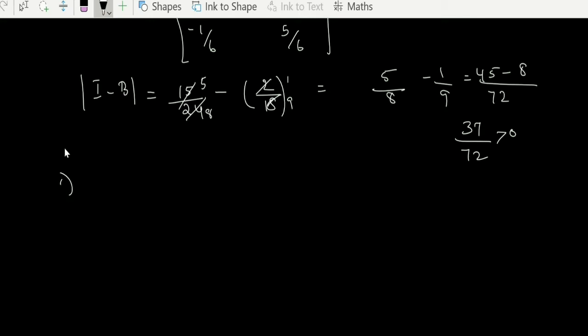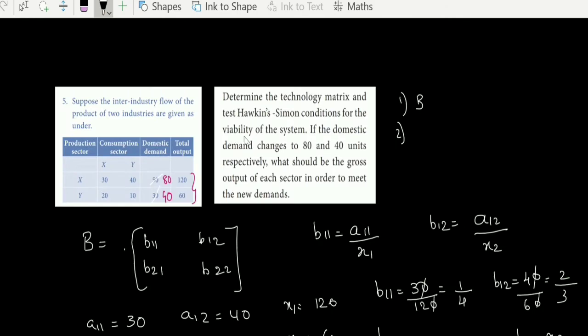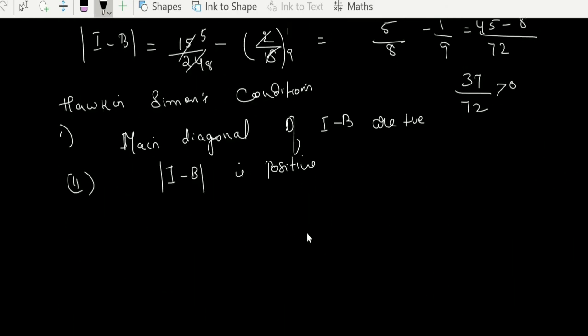Hawkins-Simon conditions. The first condition: main diagonal elements of I minus B are positive. What is the second condition? The determinant of I minus B is positive. So both the conditions are satisfied. So you can write, the system is viable.